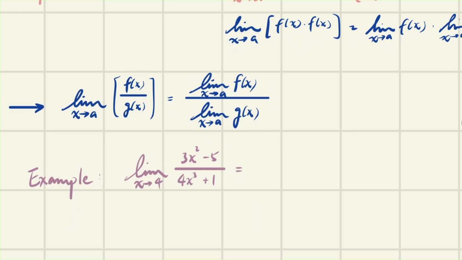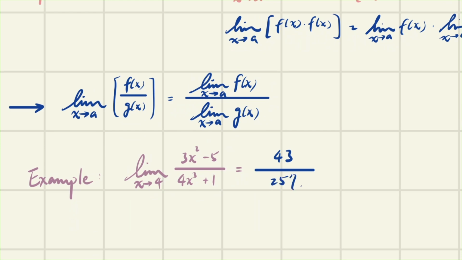So we can just plug in x equals 4, which gives us 3 times 16, which is 48. 48 minus 5 is 43. And then on the denominator, we get 4 to the power of 3, which is 64, because 16 times 4 is 64. 64 times 4 gives us 256, plus 1, then we get 257.